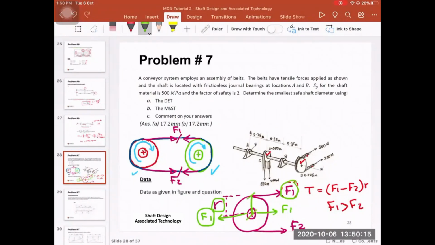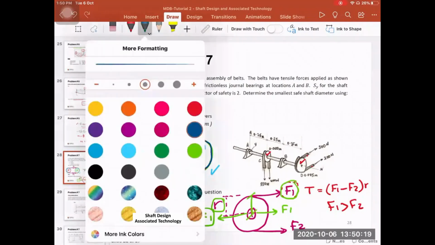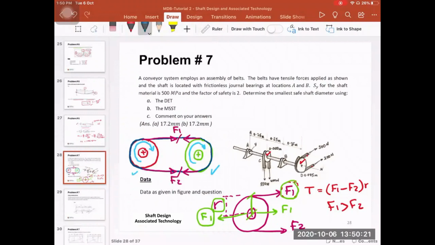Then again, for this force F2, I'm going to do something similar. I'm going to add F2 here, and then add F2 here, and these two forces have a specific distance between them. So these two forces make a coupling again.